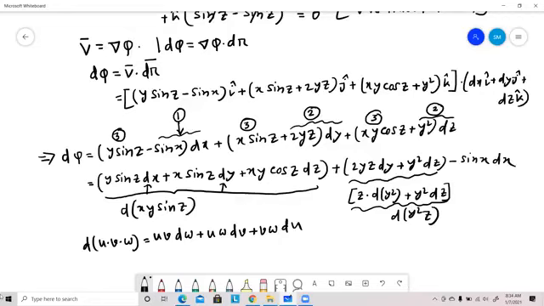Here the rules u, v, w. So here we observe that if we fix these two terms y sin z, it will be dx, y sin z dx. That means we get first term. Now if we fix the second function y term, no, x and z term, then it will be x z dy. হ্যাঁ, আমরা যদি x এবং z কে যদি ফিক্স রাখি তাহলে কি হবে x z dy, then we get the third term.